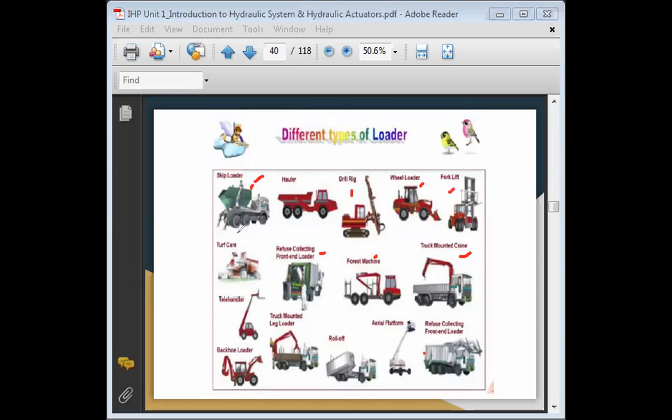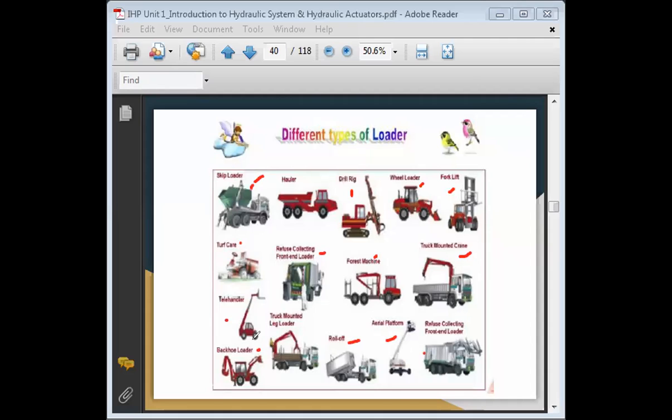This is a trough carrier. Then this is a telehandler. This roll off. Aerial platform. See, this is a backhoe loader. So these are the different loaders which are used in the construction.